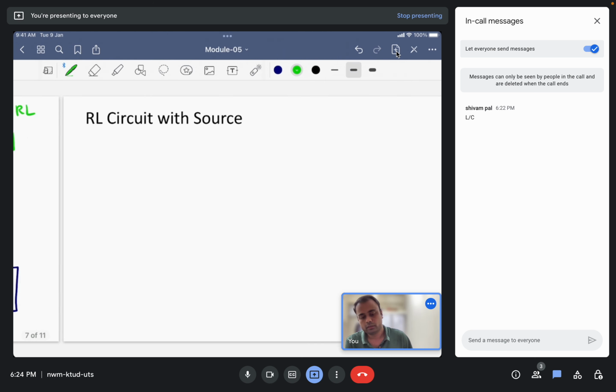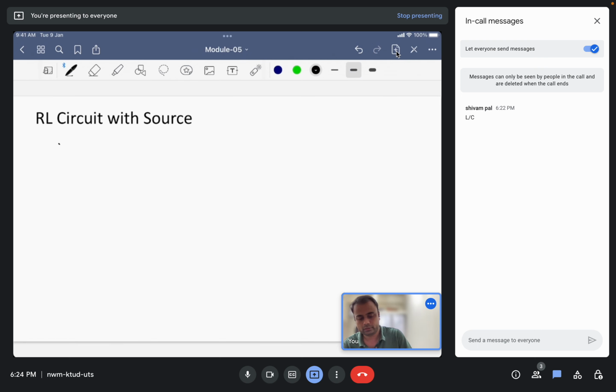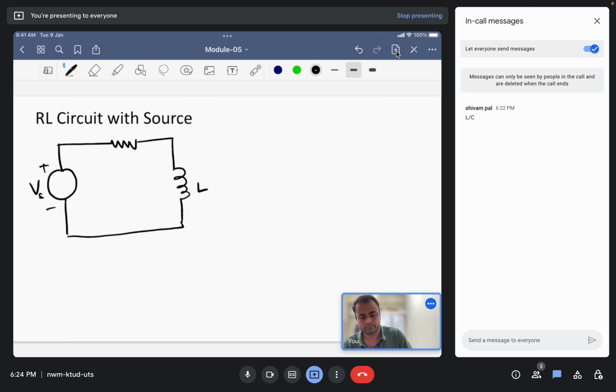So now the second topic will be, suppose we have a source already connected. Let us say we have a voltage source of voltage Vs, there is a resistance R, and we have an inductance L. Again in this case, at time t equals 0, since the inductor is initially fully uncharged, there is no magnetic field developed in the inductor, therefore the inductor will behave as an open circuit.